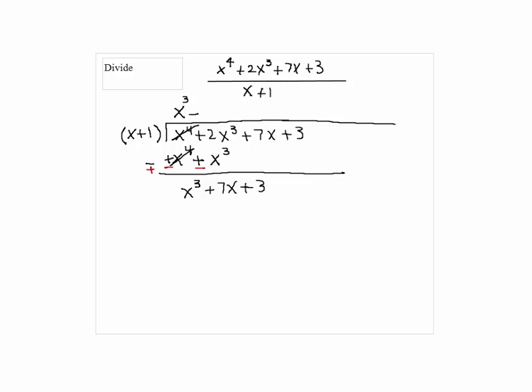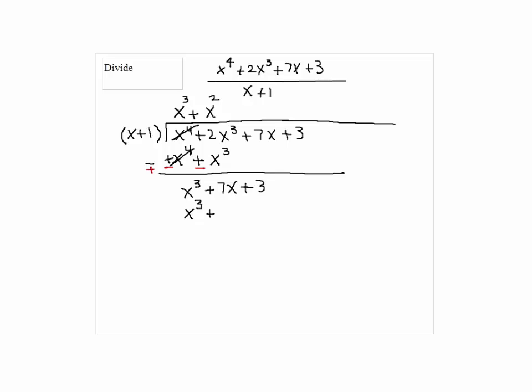So we have x to the power of 4 minus x to the power of 4. That results into 0. And then here the remainder would be 2 minus 1 would be just 1, x to the power of 3. And we can carry down the rest of the terms and continue.